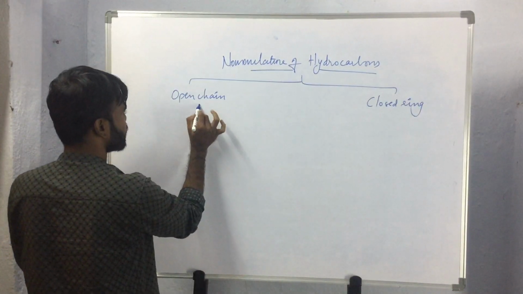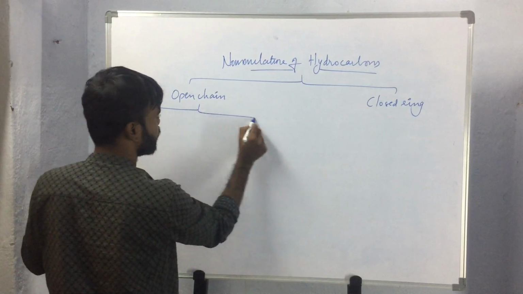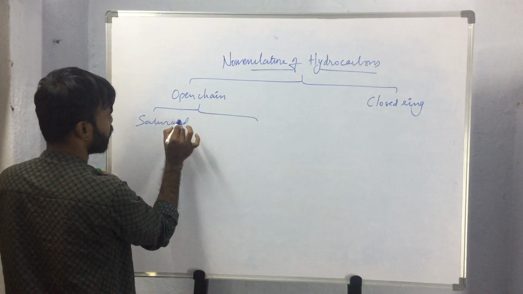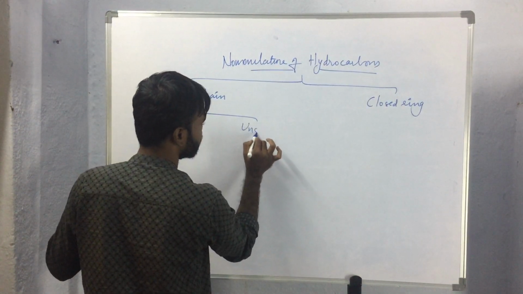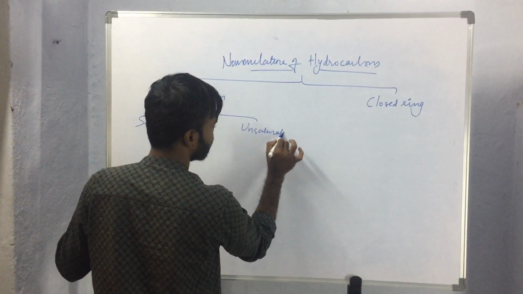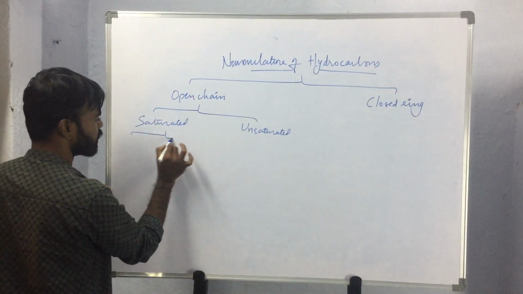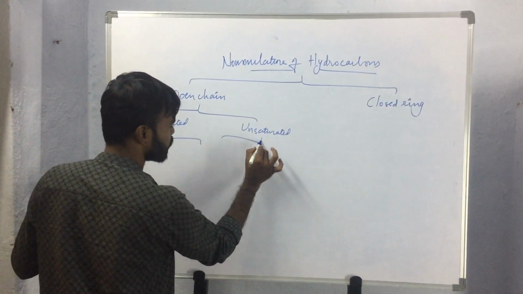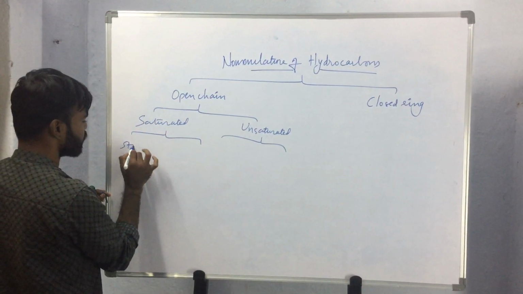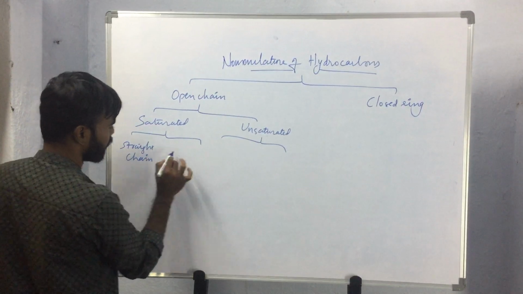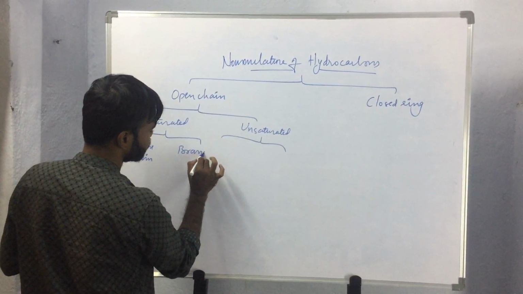These open chain forms are classified into saturated and unsaturated compounds, and these saturated and unsaturated compounds are further classified into straight chain and branched chain compounds.